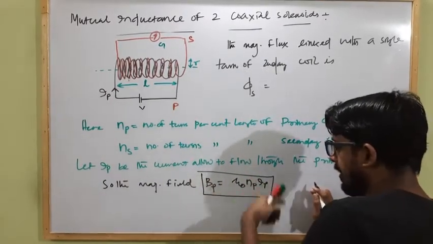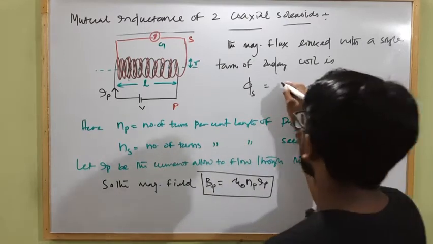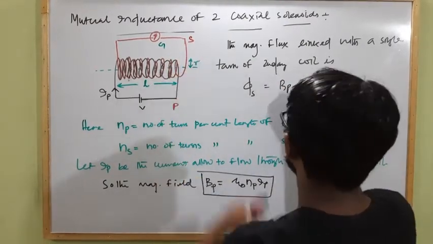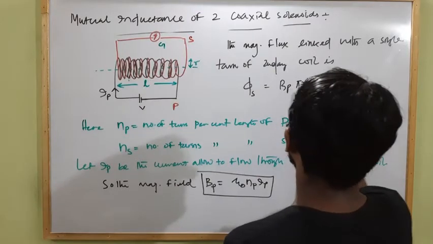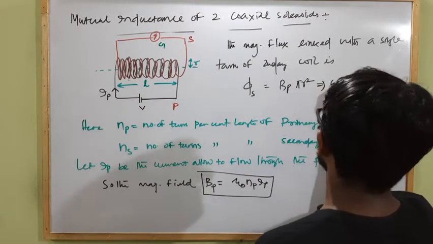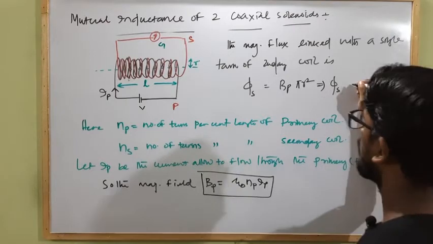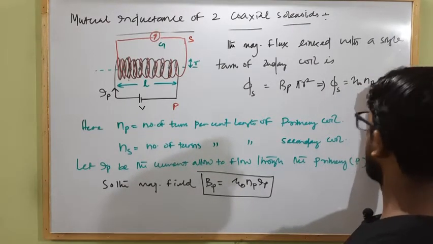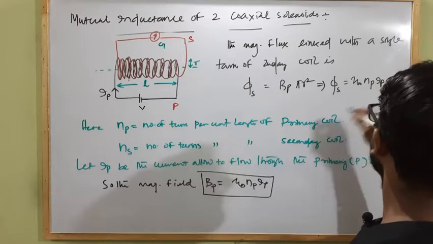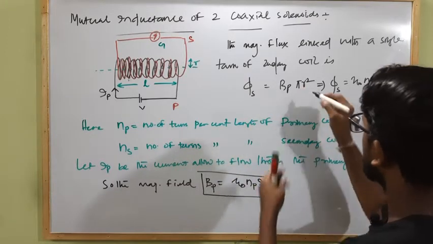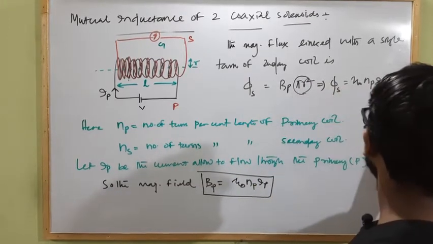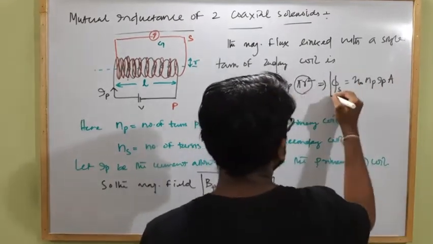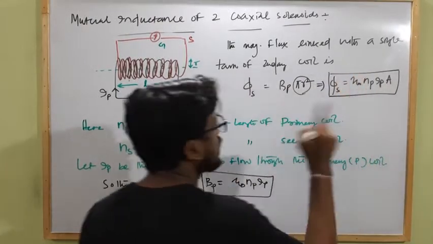The magnetic field due to the primary coil, that is BP, into the area of a single turn, that is pi r square. So the flux linked with secondary coil S will be mu naught NP IP into pi r square, area, let it be A. Okay, so this is the expression for flux linked to the single turn of the secondary coil.